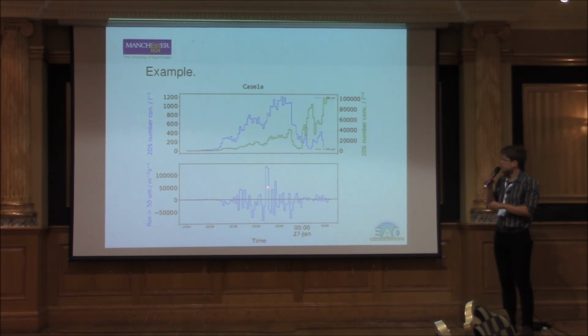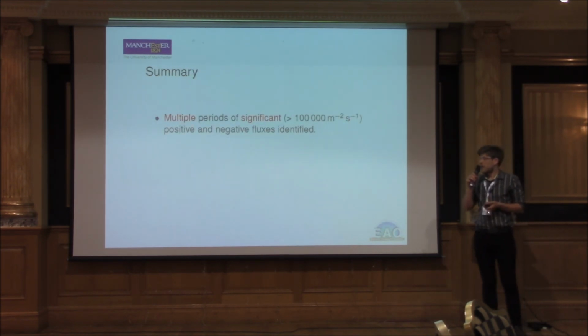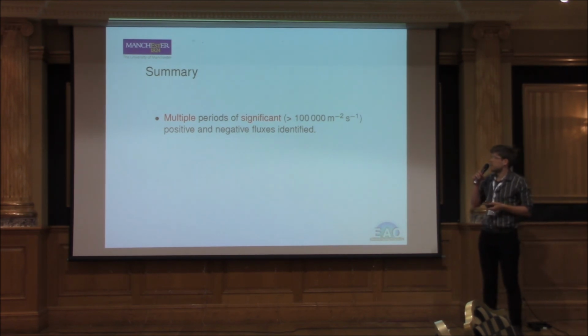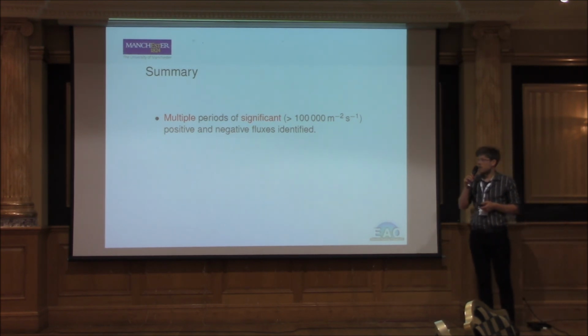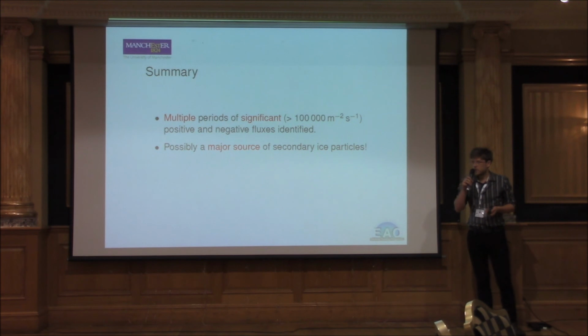In summary, I've also looked at other cases, and they all look a little bit similar. We have identified multiple periods of significant fluxes, of over 100,000 per square meter per second, both positive and negative. This could be a major source of secondary ice processes, though I say could because we are not sure yet.